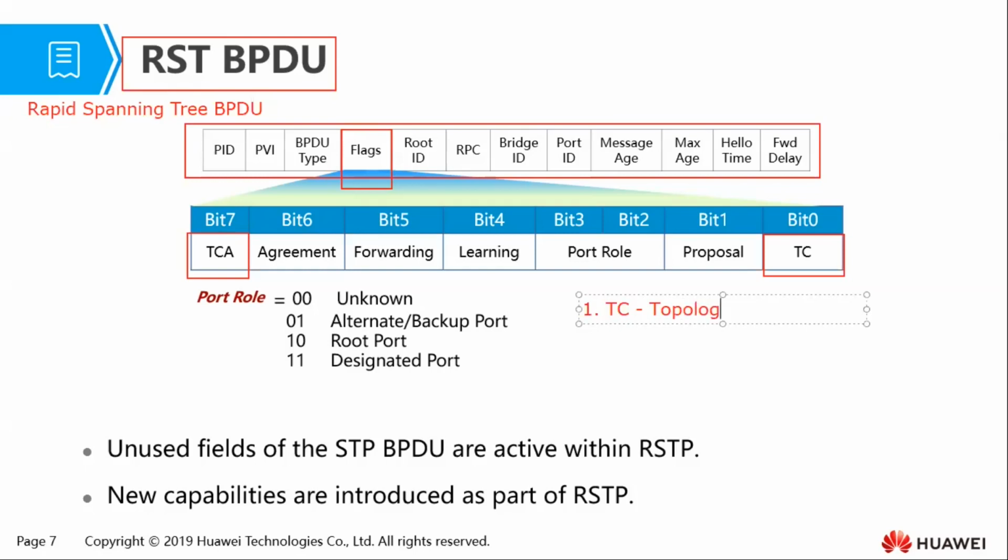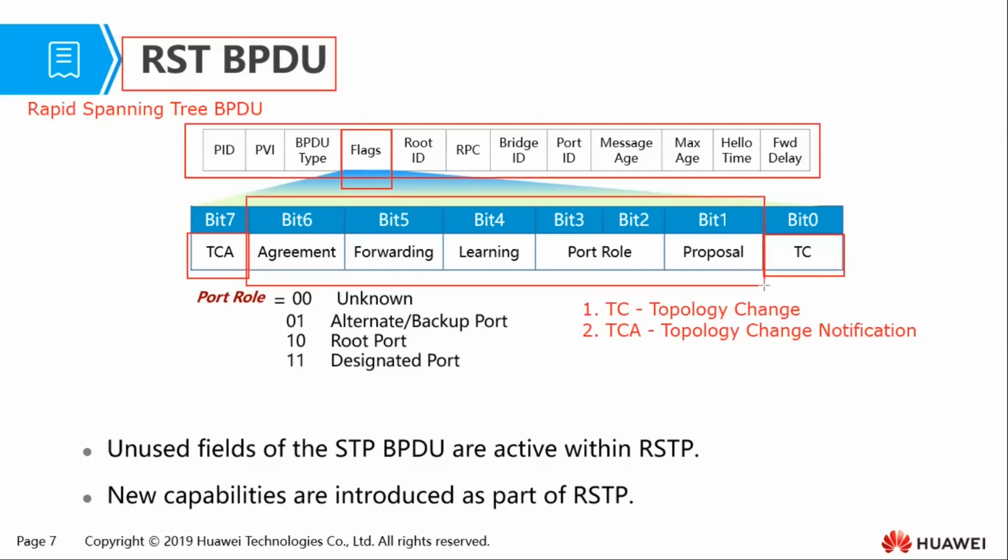Okay. So yesterday we looked at these two when we were learning STP: topology change and topology change notification. In STP, this flags field is there, but it does not make use of these other fields.